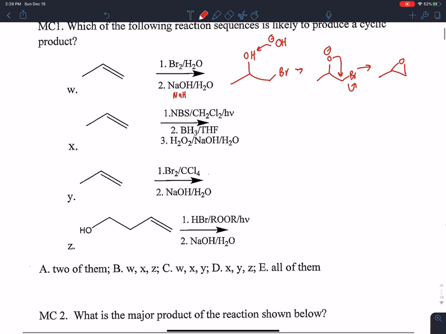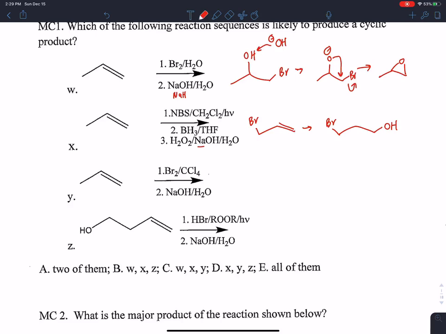Let's look at the next one. NBS will find the allylic spot and put a bromine on it. So the first part will be to make this thing. Then we do BH3, THF, H2O2, NaOH, and water. That part is hydroboration, which adds an H and an OH with the OH going on the less substituted side.